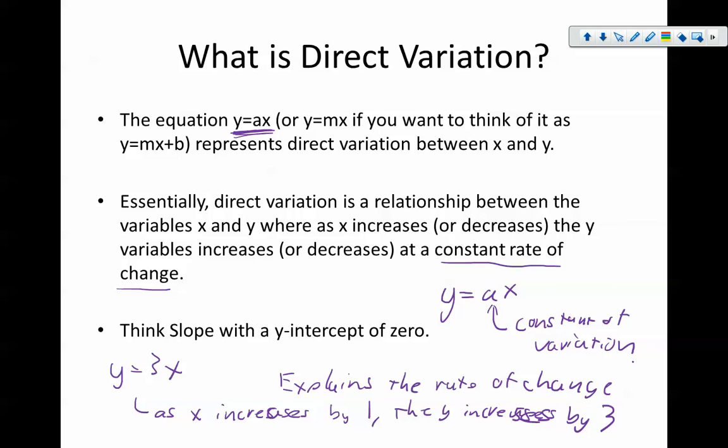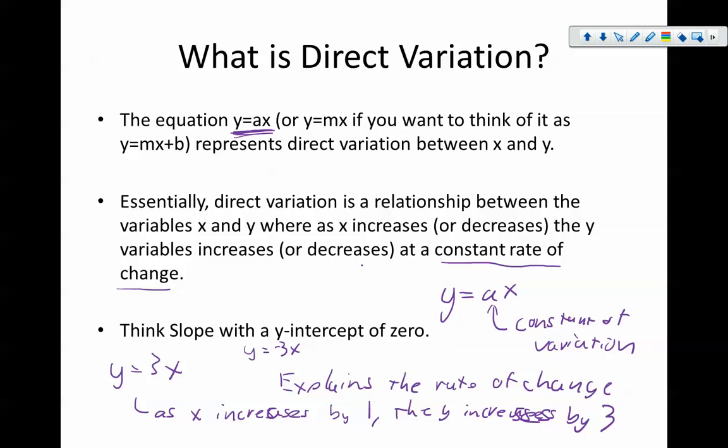So every time the x increases by 1, the y increases by 3. If we were to change this to -3, this would mean that as the x increases by 1, the y decreases by 3. Okay? And it's a constant rate of change.